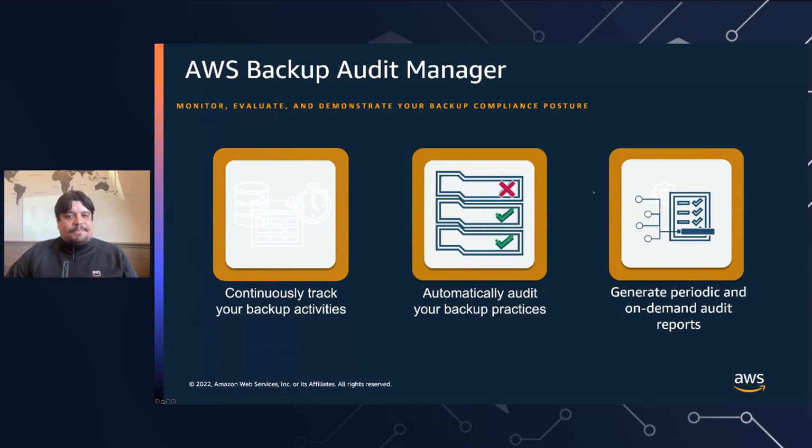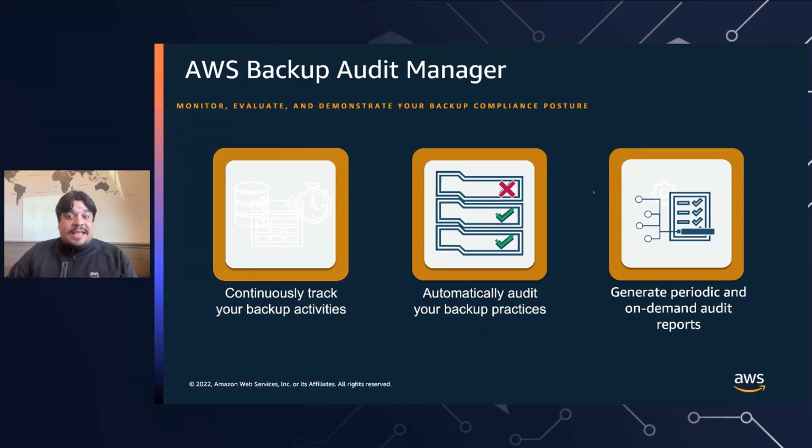Now, with AWS Backup Audit Manager, you can simplify data governance and compliance management of your backups. By using built-in customizable controls, you define parameters and you can essentially audit your backups to see if they satisfy your organizational and regulatory requirements. Audit Manager automatically tracks your backup activities and detects when your backup activities drift from your defined parameters.